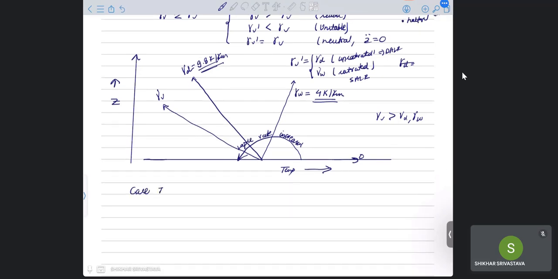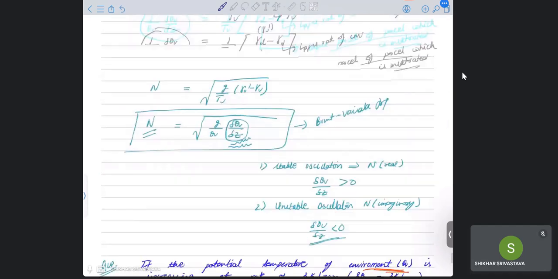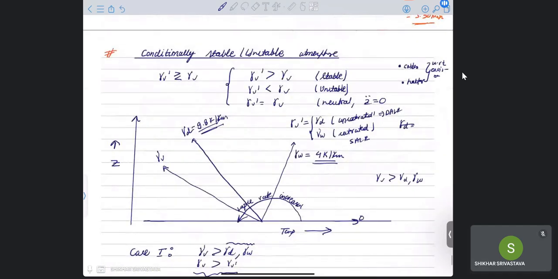For case 1, when gamma V is greater than gamma D and gamma W, that means gamma V is greater than gamma V prime, because these are the lapse rates of the parcel. Gamma V greater than gamma V prime means this is case 1.